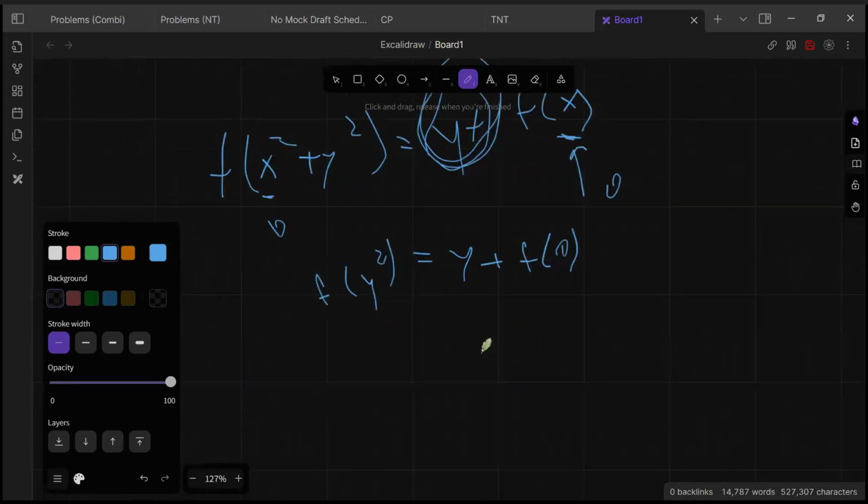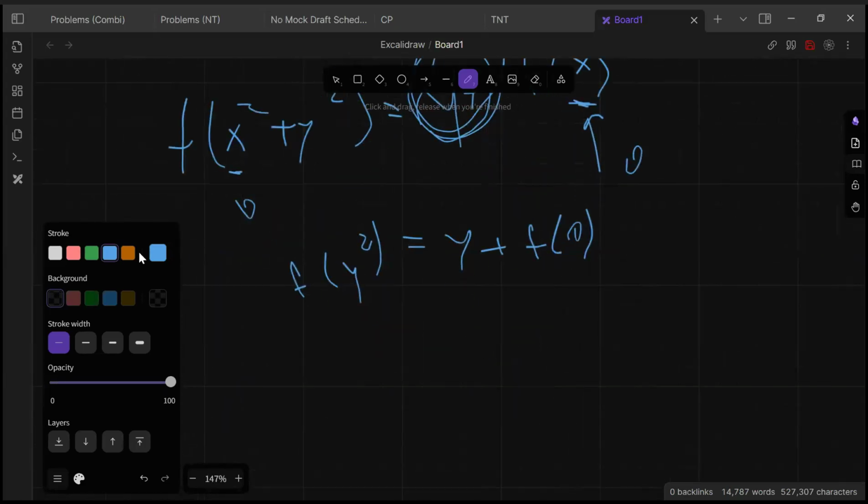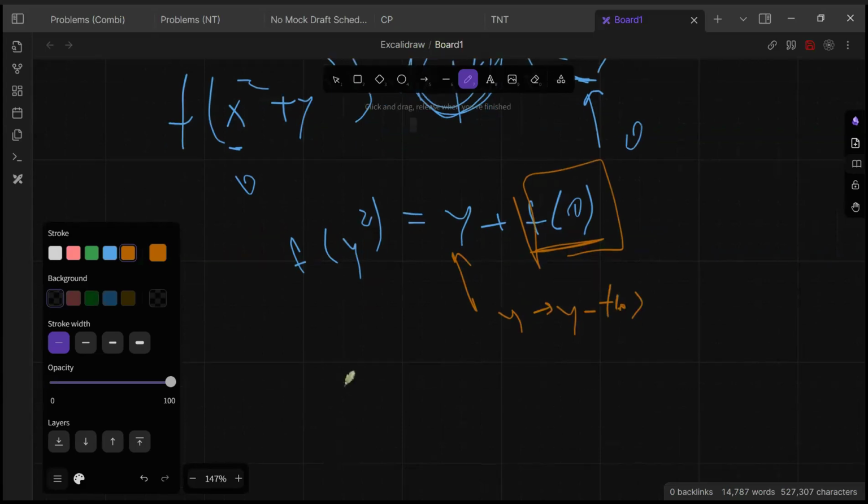Not all of the time, but you can hope to get surjectivity at least. Because now this part is constant, right? But I can move y appropriately. I can say y is now y minus f of 0. So what I'll get is f of y minus f of 0, the whole squared.